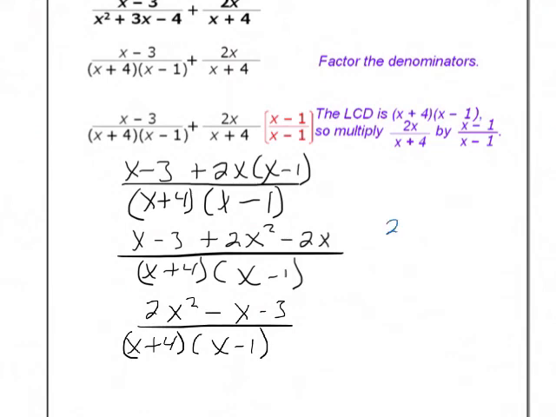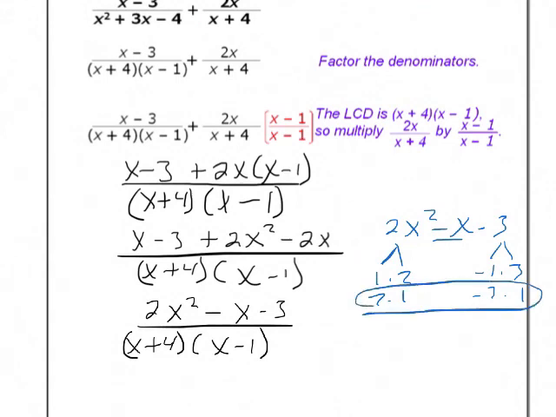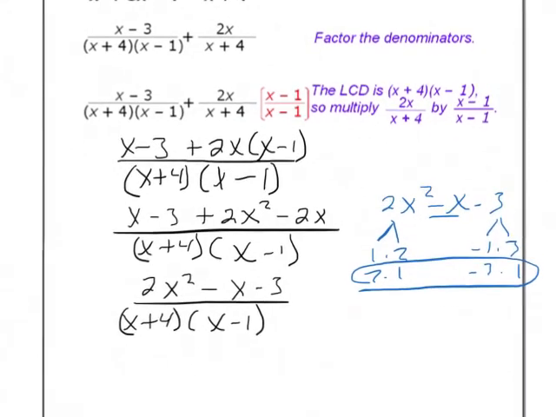If I have 2x squared minus x minus 3, that's going to factor into 1 times 2, 2 times 1, negative 1 times 3, negative 3 times 1, and I'm looking for a negative 1 right there. Well, let's see here. It looks like it's going to be this one right here. So let's go ahead and factor that.